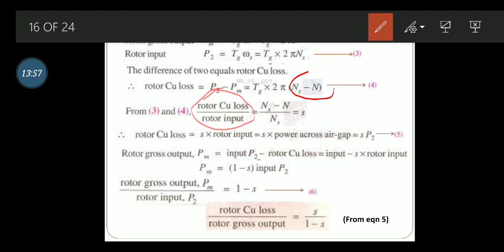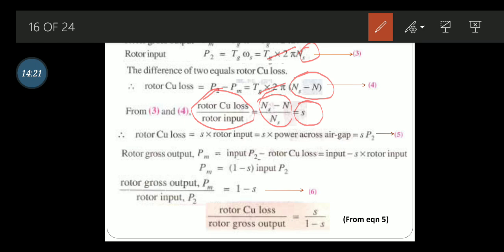In these two equations, Tg into 2 pi get cancelled. You know, ns minus n divided by ns is nothing but the slip of the induction motor.